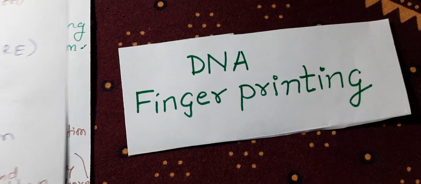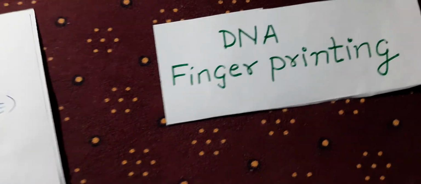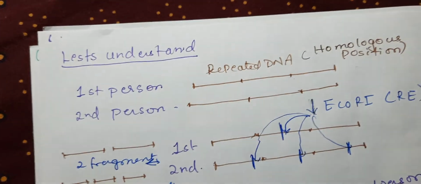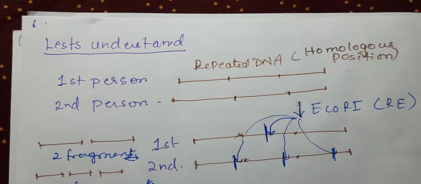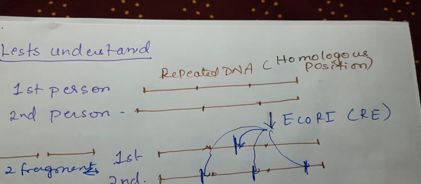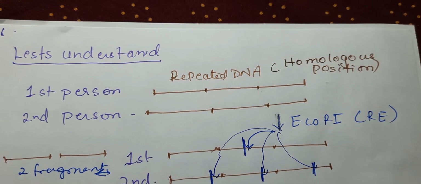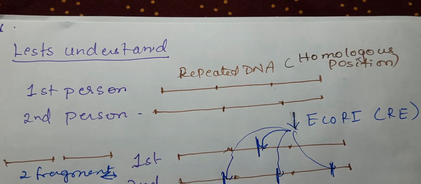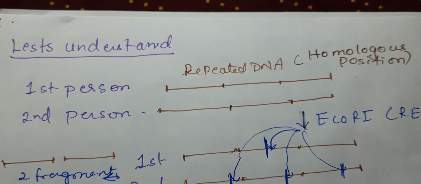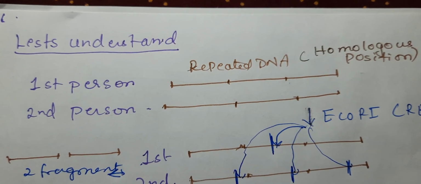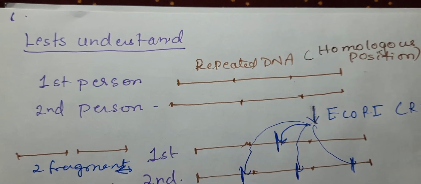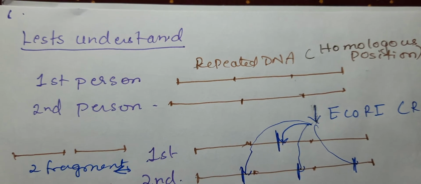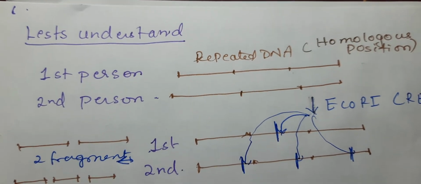Okay, so let's understand how this happens. There is person 1. So we have taken the DNA from the homologous position and of person 2. So now there exists a variation in 1 and 2 as far as the repeats are concerned. So same repeat with little variation.